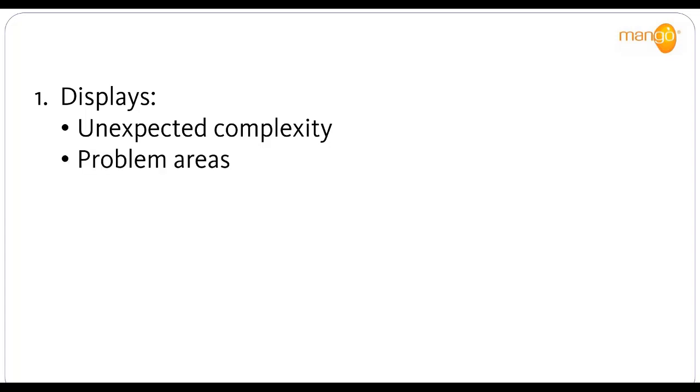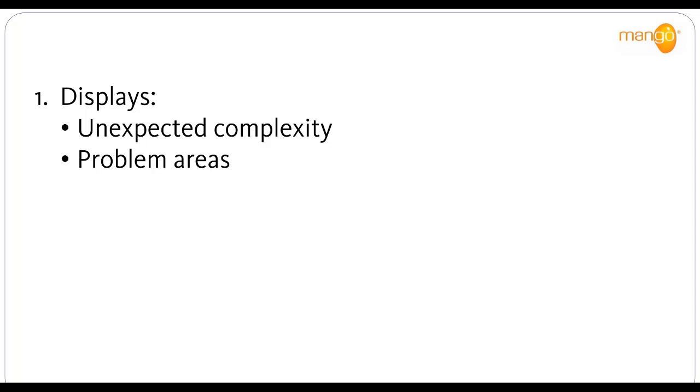Well, firstly, it displays, or can display, complexity or unexpected complexity. That's what we found yesterday when I was with a client. With Kiwi Labels, we mapped the process and we found a whole lot of complexity at the start of the process, which, once you put it down on paper and agreed with the client, it highlighted very quickly.